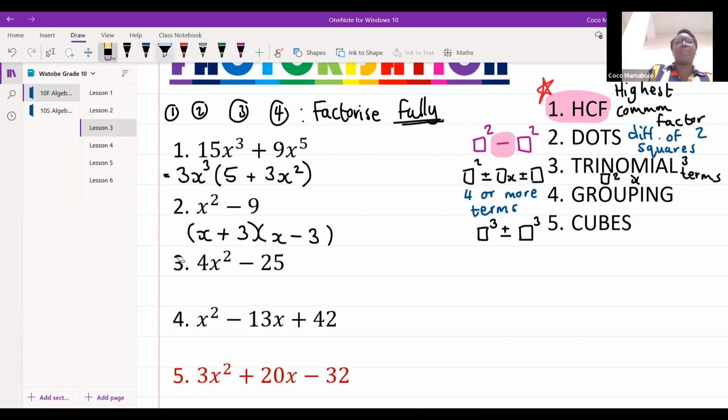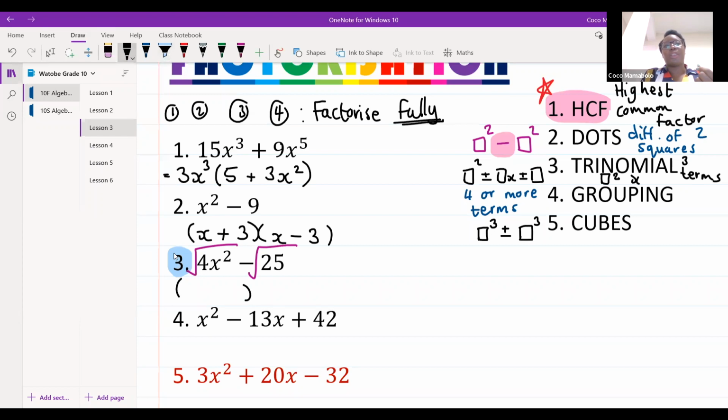Okay, what about number 3? Look at your list. What are we looking at? And Rita's just killing this. Yes, yes, yes. That's it, Molen. That's it, Togo. It's dots again. So what are we going to do? We're going to square root this and we're going to square root that.